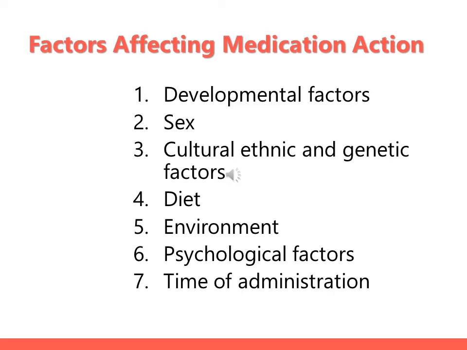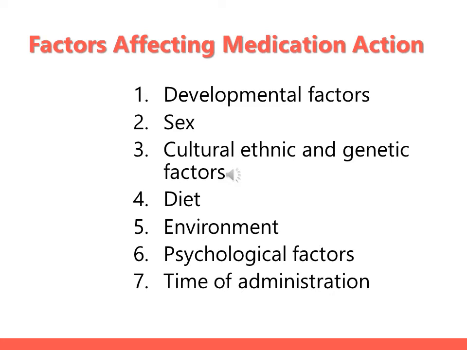Okay, now, how does diet affect medication? There are some nutrients and some foods that affect the absorption of other medications. One good example of food that has an effect on a patient is vegetables.